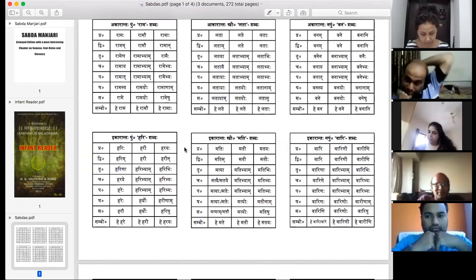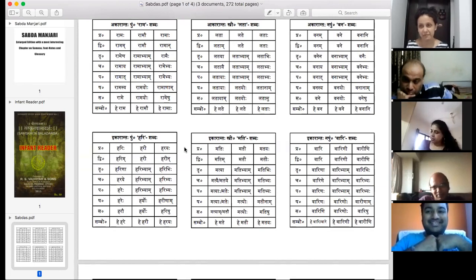We have Shabda Manjari. Shabda Manjari itself is a subset. And the superset of Shabda Manjari is something called Rupa Chandrika. So Rupa Chandrika has all the Shabdas of all the words. So these are the basic prototypes.